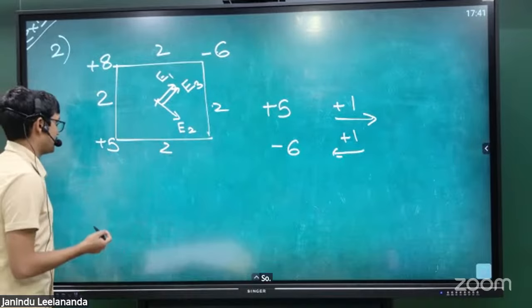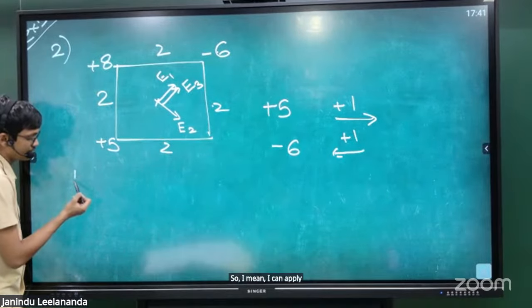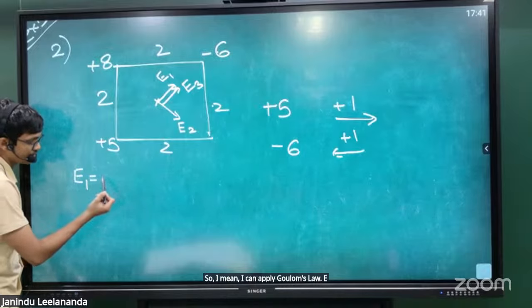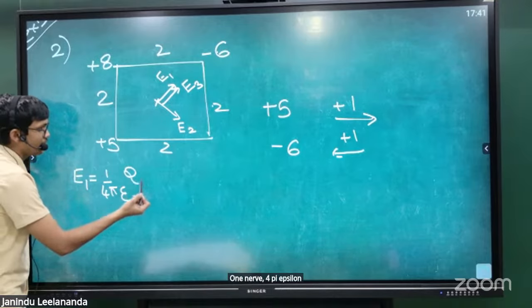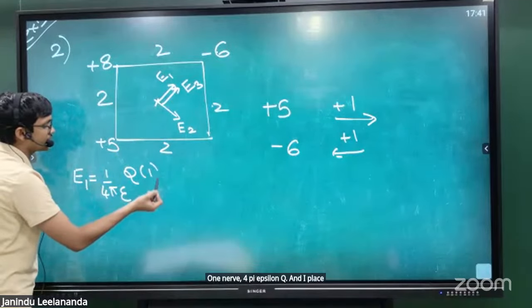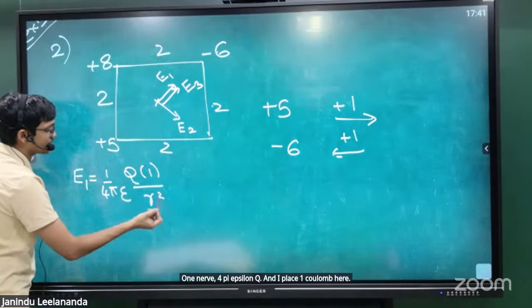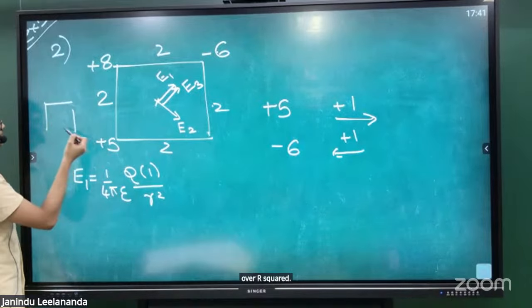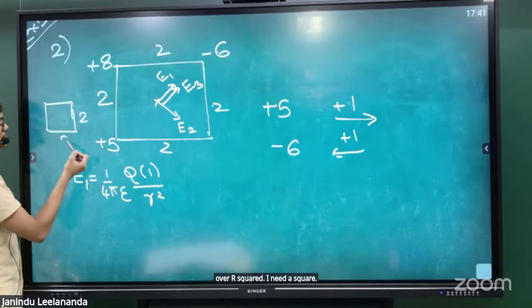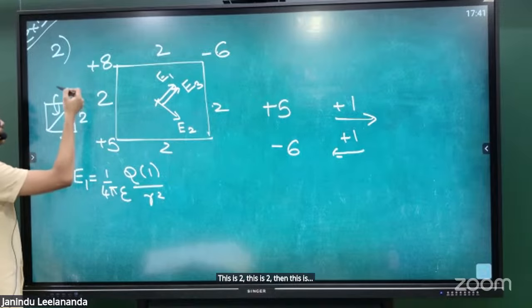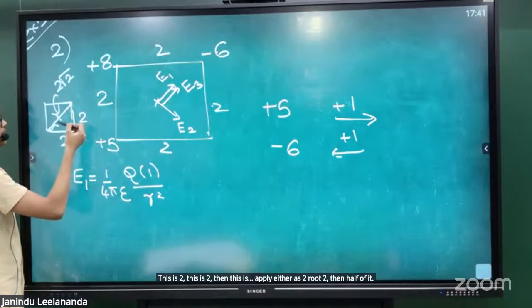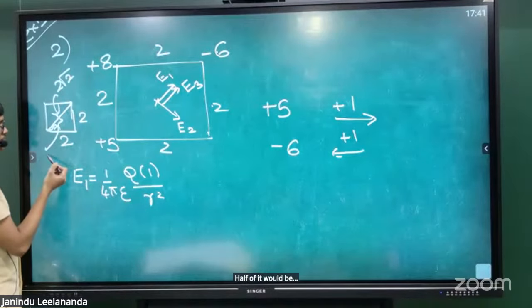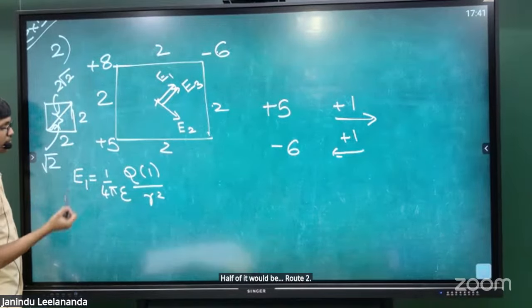So I can apply Coulomb's law. E1 equals 1 over 4 pi epsilon, Q, and I place 1 coulomb here, over R squared. In a square, this side is 2, then apply Pythagoras, the diagonal is 2 root 2, then half of it would be root 2.